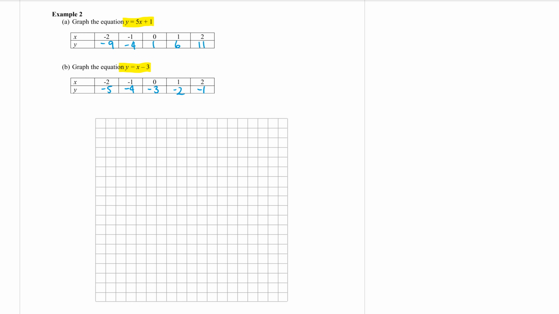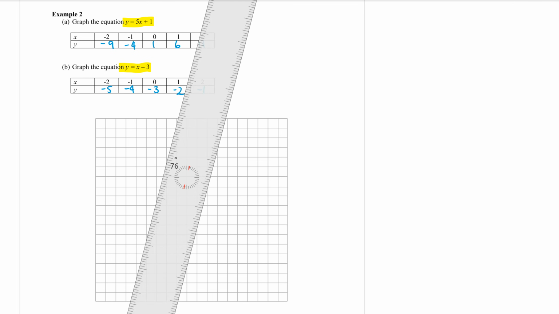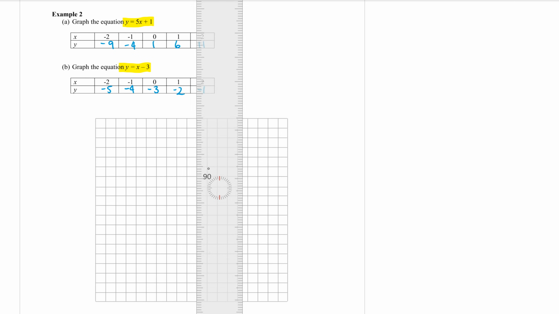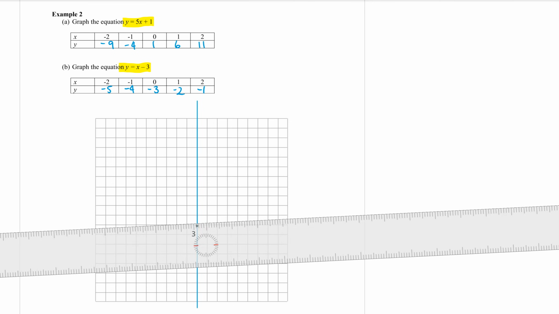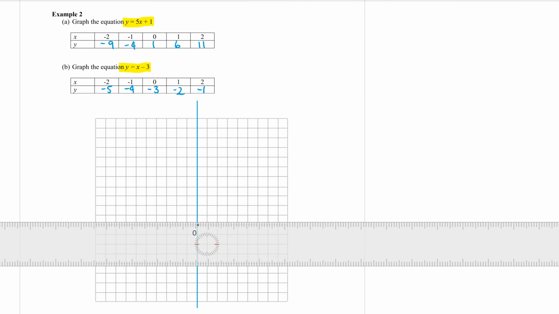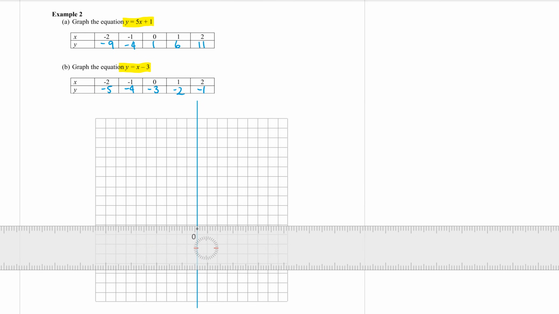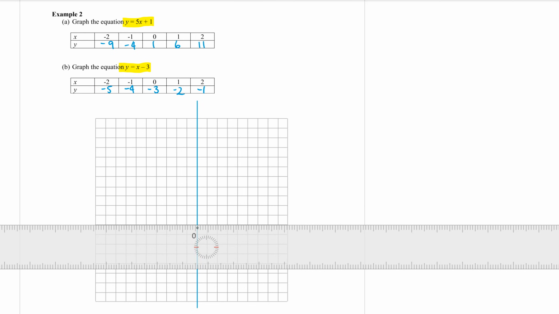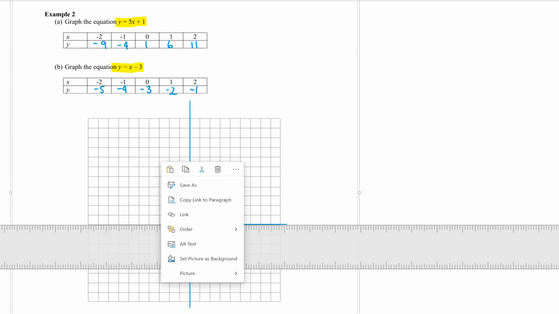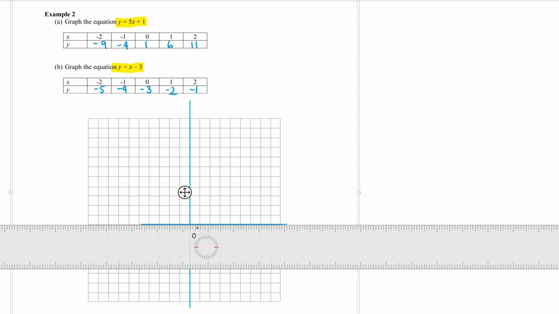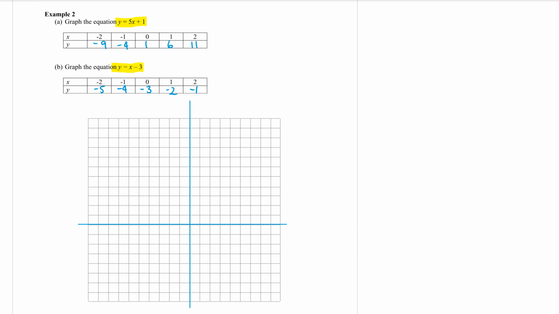Okay, now that our tables are filled in, we want to draw up our Cartesian plane. So put a vertical line in the middle and a horizontal line. Okay, put the arrows on the end.